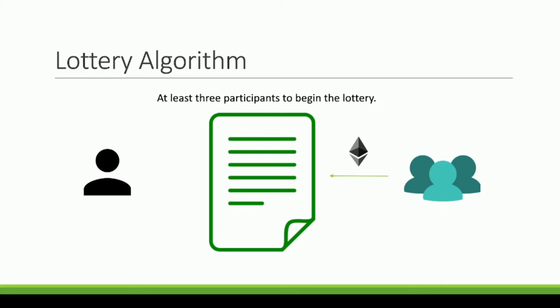You can change it also, but in the lottery smart contract that I am going to create, at least 3 people must be there in order to call this pickWinner function, which will randomly select one of the participants, and whosoever's name comes up in this pickWinner function, that person will be awarded the ether.